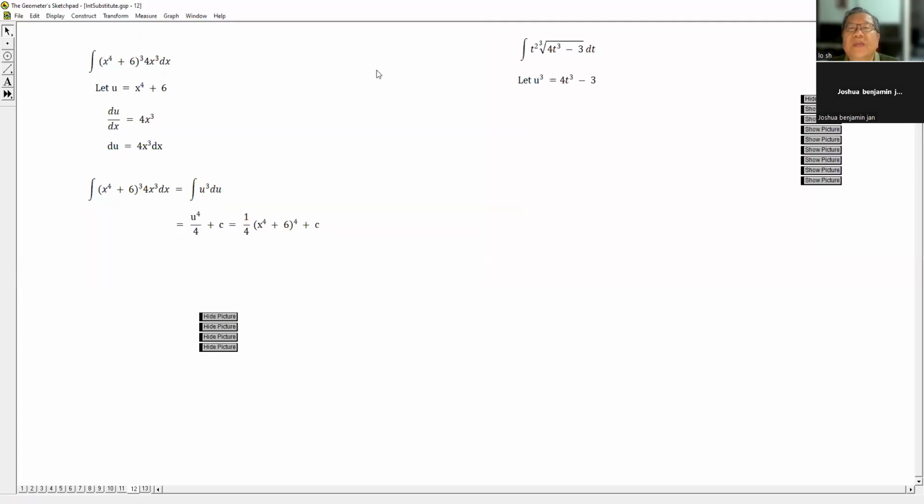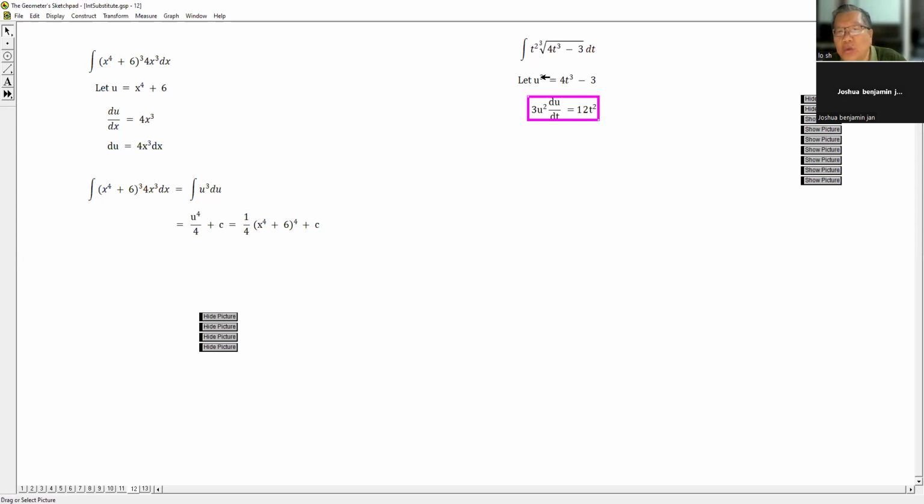Okay, right. Now, when you let u cubed equals to 4t cubed minus 3, what do you get? You have to do an implicit differentiation because you are differentiating u with respect to t. So you have to differentiate the u first. Normally, if it is just u alone, then you will get du dt because the u will become 1, right?